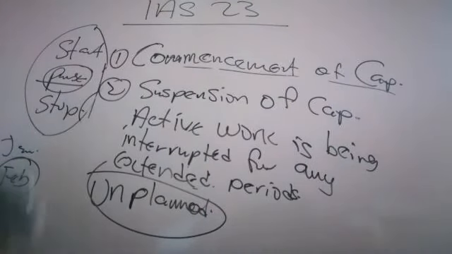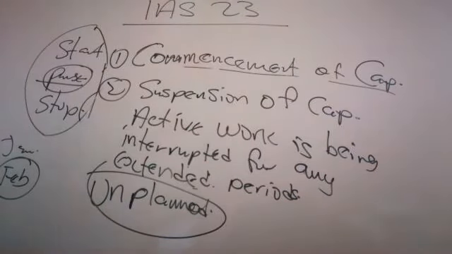Now, if the suspension or the delay or the temporal hold on or the interruption is as a result of planned work, as a result of planned management intentions, like substantial technical work that must be done, and we have to pause or hold on with construction, or administrative work must take place, then do not suspend because it's part of the planned activity.